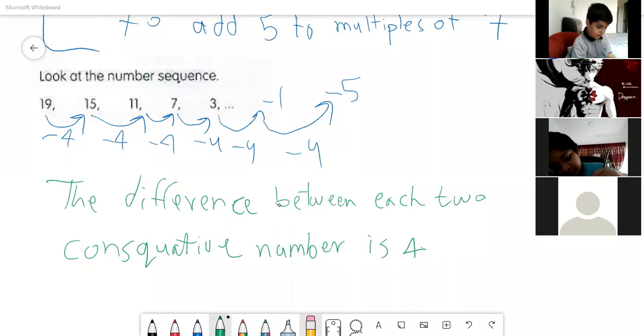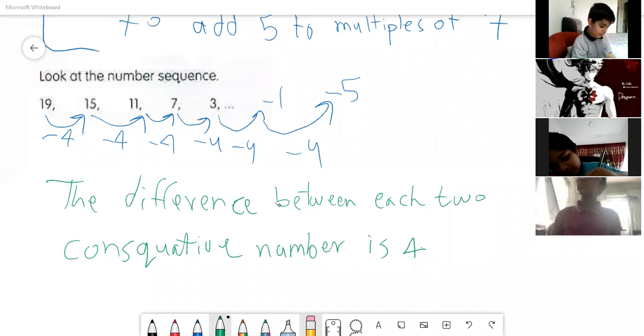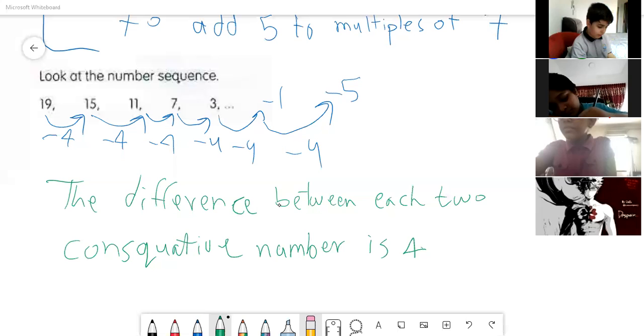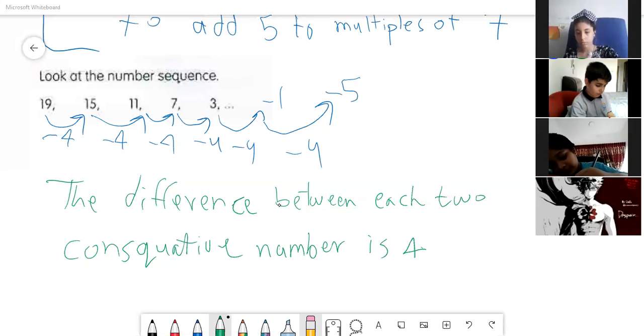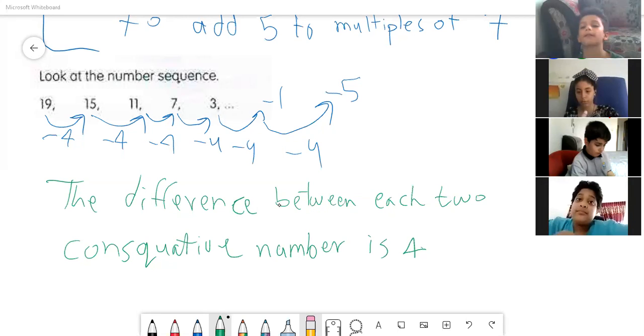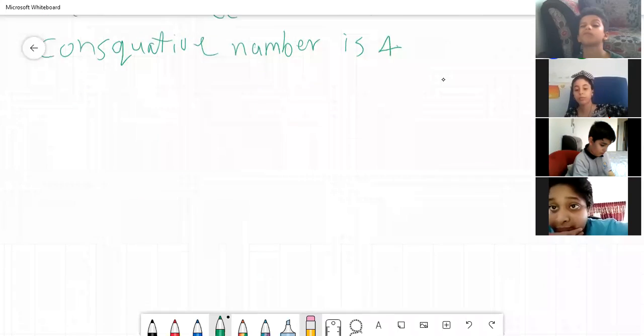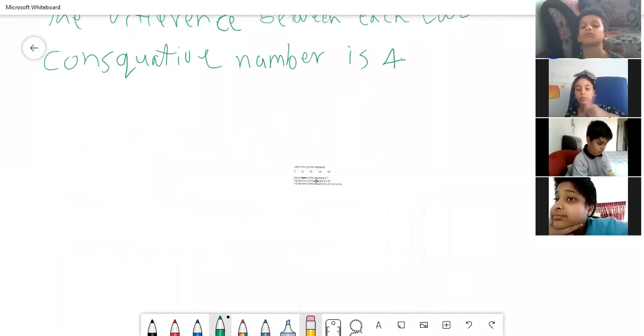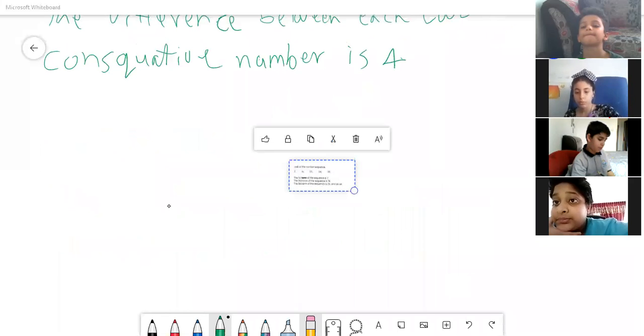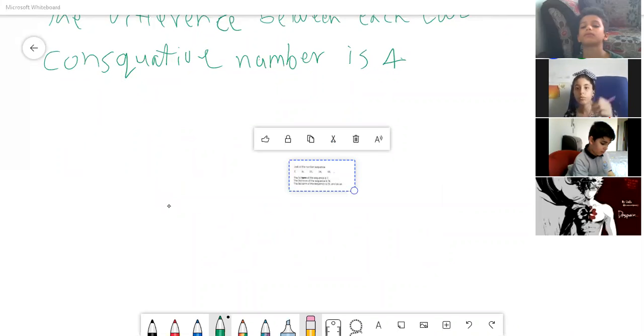So let's move on with the new example. Yes, Rumaisa. Teacher, I didn't understand the point.